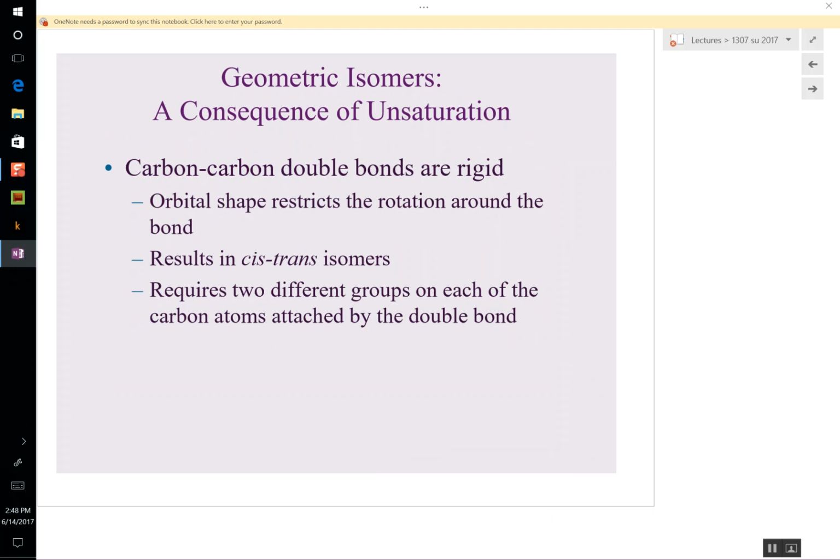Okay, now the water gets a little bit deeper. Here we are going to get into geometric isomers. What do we mean by that? And our poster child for that is going to be 2-butene.